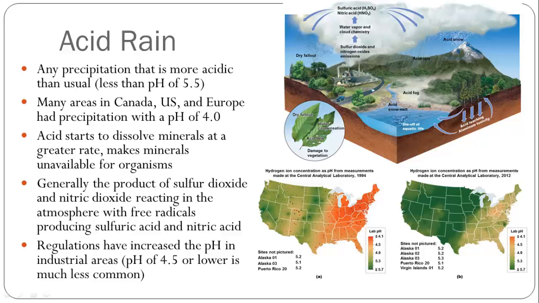It also caused damage to forests and roots and lots of other things. So it was widespread damage, which led to the regulation of the emissions which caused this, sulfuric and nitric oxide, and has since caused a major reduction in acid rain as well.